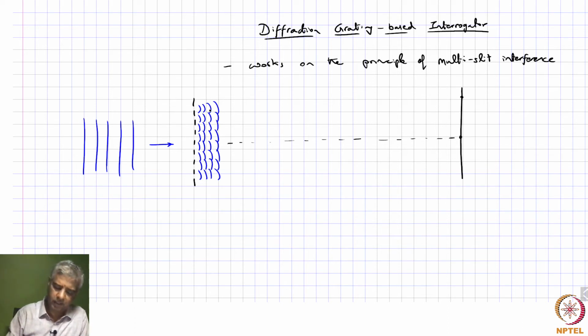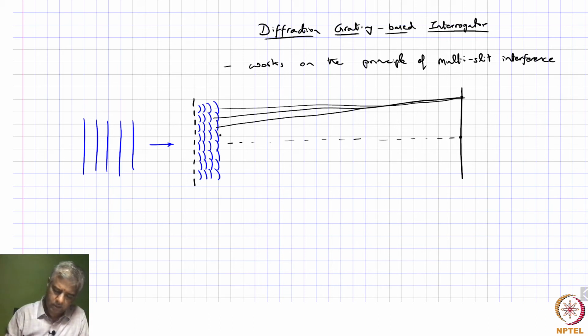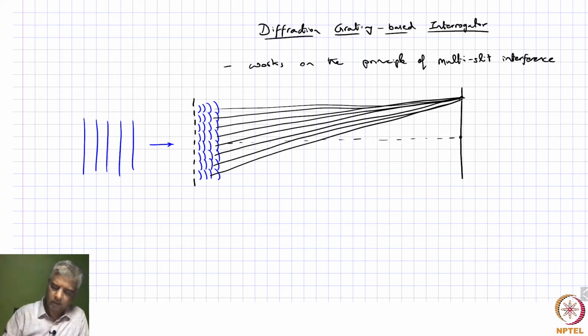That is because of the path length that each of these components takes. If the path length difference corresponds to an integral value of lambda, they will all have constructive interference. And what is the criteria for this constructive interference?